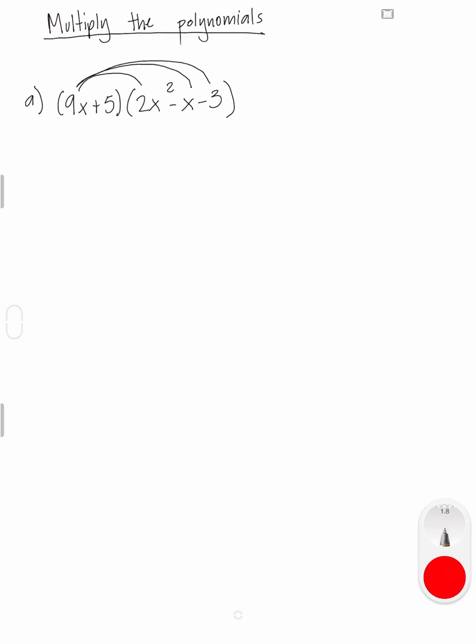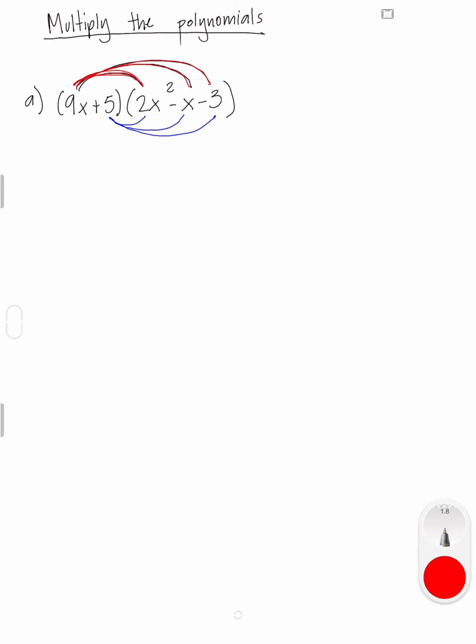Let me change the color of that. So 9x will multiply 2x squared, and then it will multiply negative x, and then it will multiply negative 3. And then the 5 will get distributed as well. So 5 times 2x squared, and then times negative x, and then times negative 3.